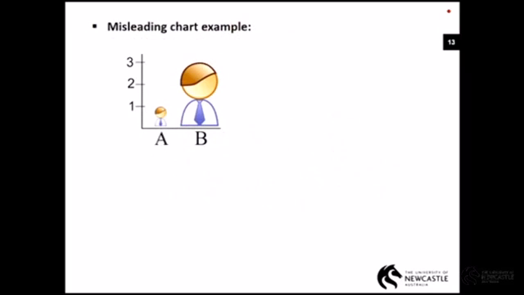This one's worse, but this is a pictograph. And this is a common one sort of used in newspapers to say, okay, category A had this level, category B had this level. In this example, we're saying category A had an average of 1, and category B had an average of 3.